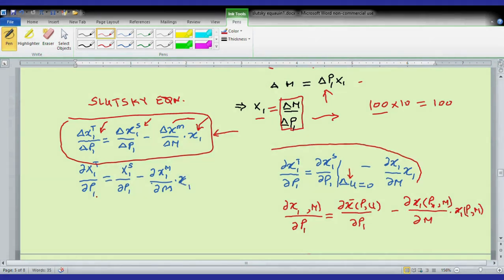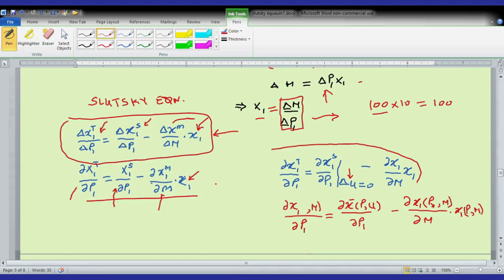You see that the Slutsky equation could also be written in the form of partial derivatives. This is the partial derivative of the total effect with respect to the price of good 1, this is the partial derivative of the substitution effect with respect to the price of good 1, and this is the income effect, and this is your demand for good 1.